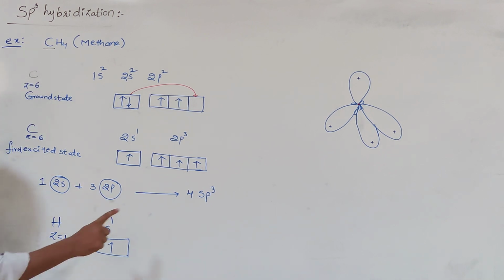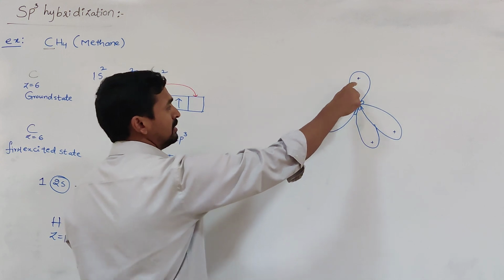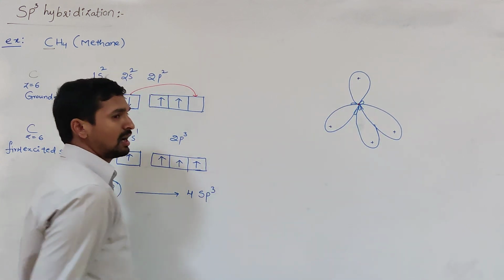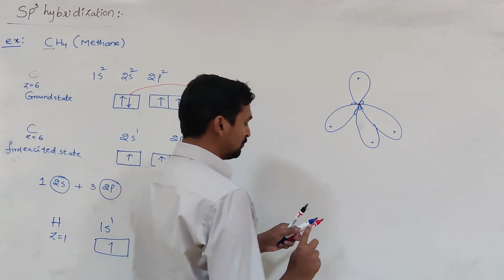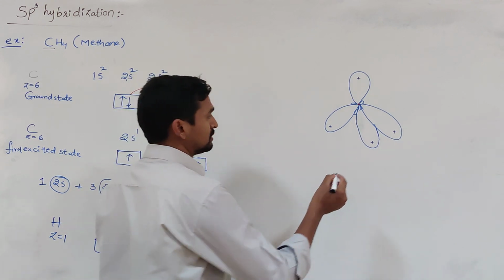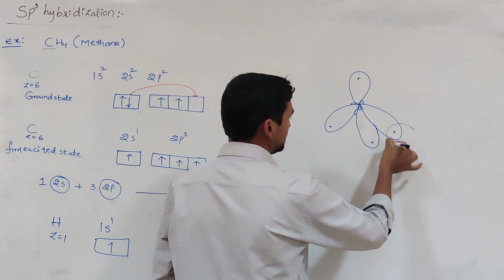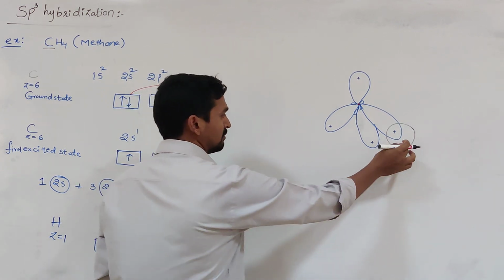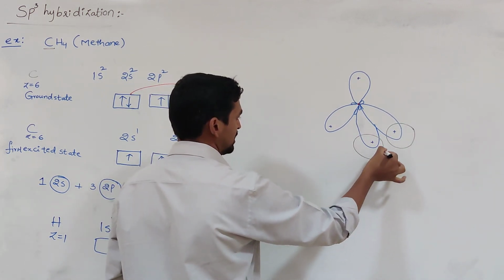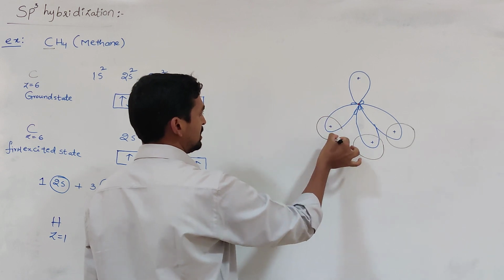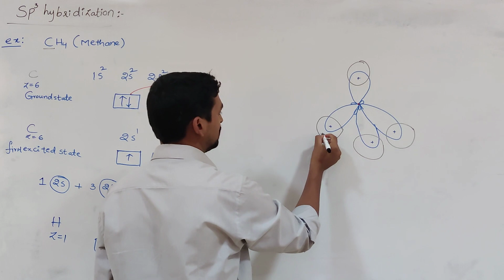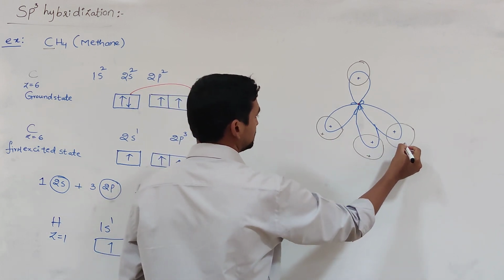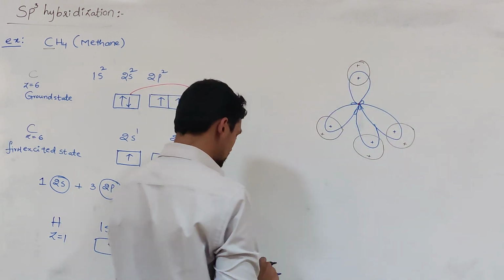That's why each sp3 hybrid orbital present around the carbon atom overlaps with the 1s orbital of a hydrogen atom to form 4 sigma bonds. So here this is one sp3 and 1s orbital overlap, another sp3 and 1s overlap, and so on, resulting in the 4 sigma bonds.